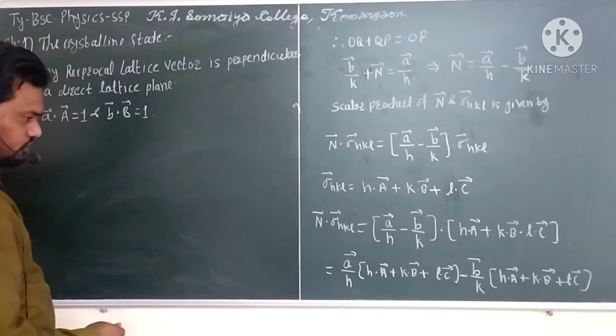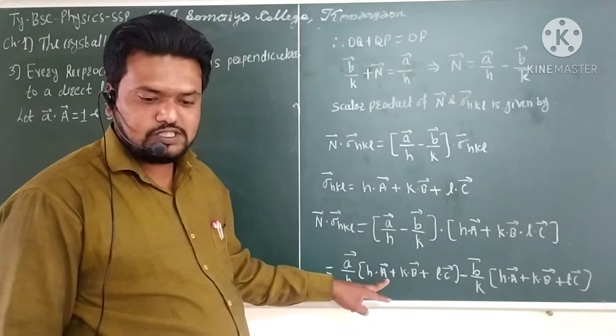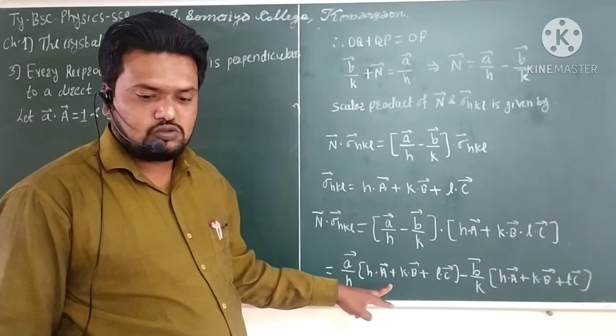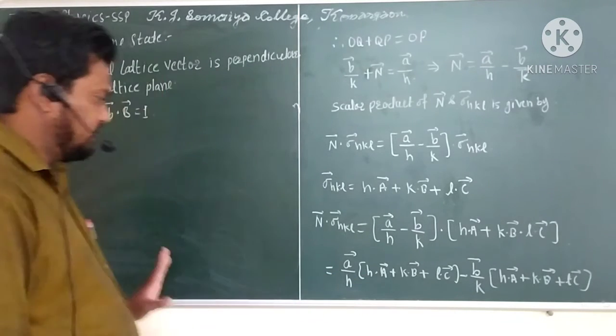See in this term, a bar dot a bar, which is given as 1, so by this, h by h is also remaining here.